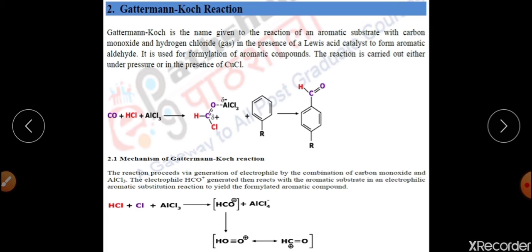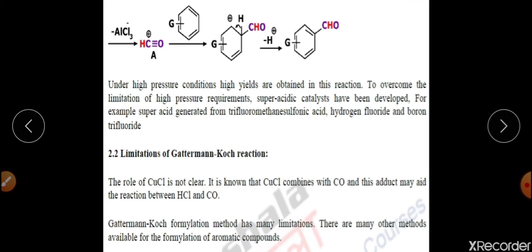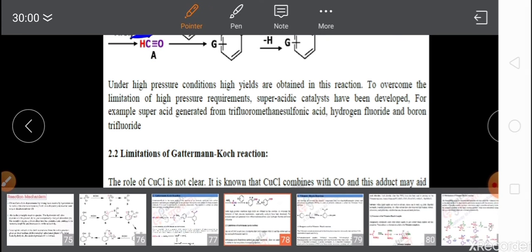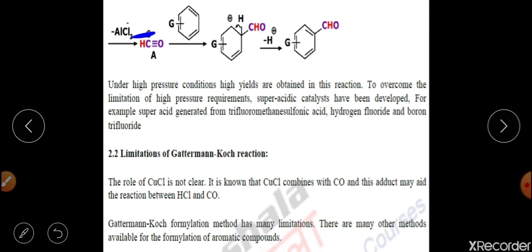This electrophile is stabilized, as the oxygen contains a positive charge, and this triple bond can attack on this particular oxygen, and this carbon will now bear the positive charge.